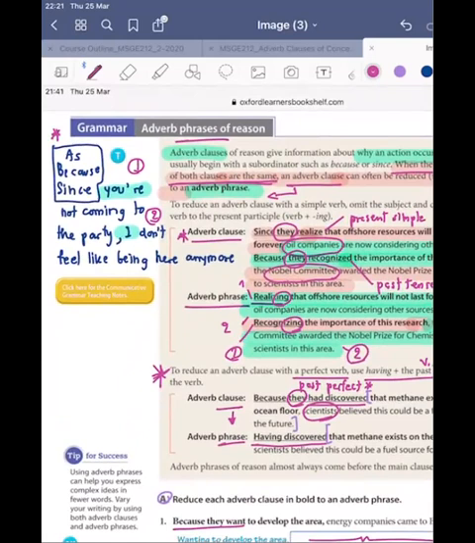Please make sure you understand this, have a look at this, or ask me questions if you have to. Send me an email if it's unclear, because it's going to be in your quiz and I really want you to understand this. Once again, I don't really care about the name of it, adverb phrases, adverb clauses, whatsoever. As long as you see this structure and you can use it, that's it.